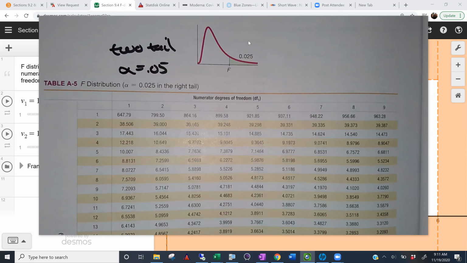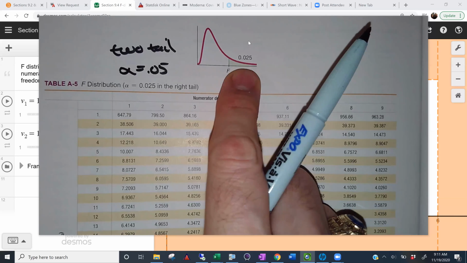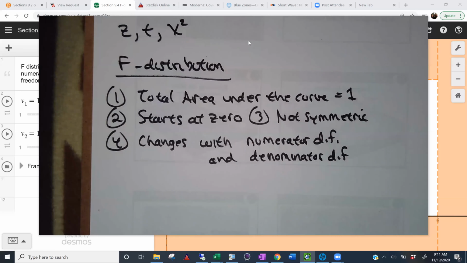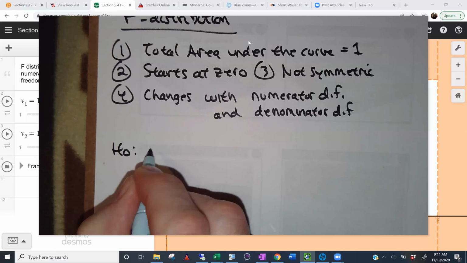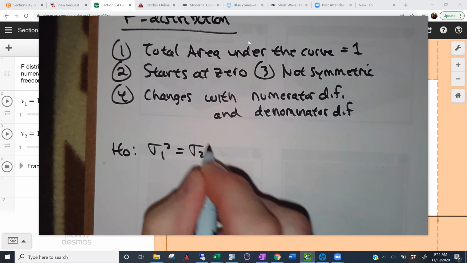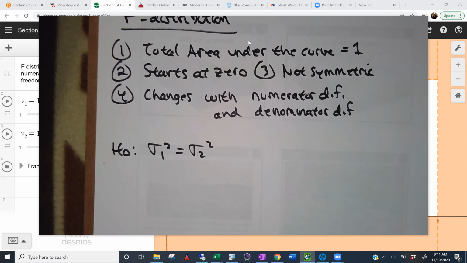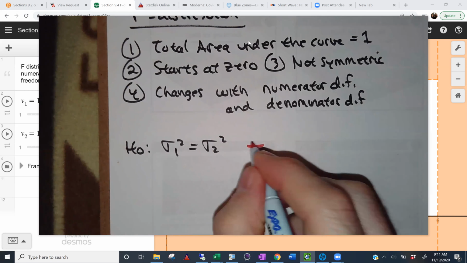Now, I think Statistic can actually give you these values in the left tail, but the way we run our hypothesis test is that we're always going to be using the right tail. So that means instead of testing H naught such that sigma 1 squared equals sigma 2 squared, equivalently, what I can do is manipulate it.